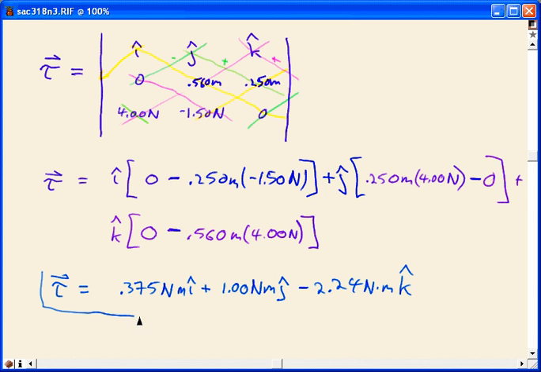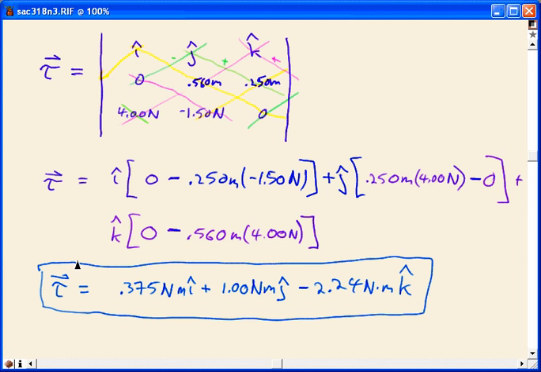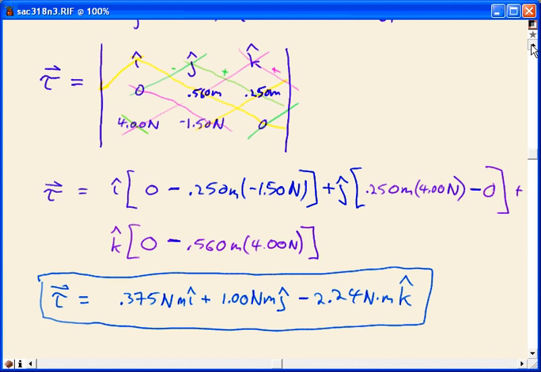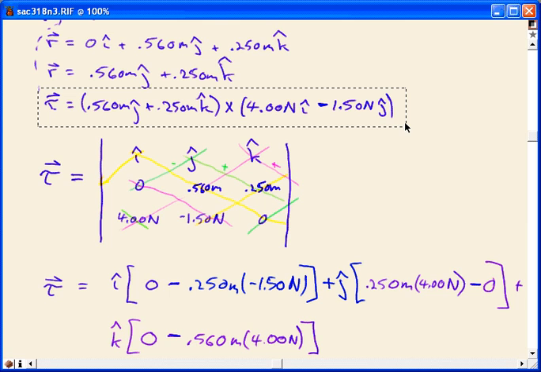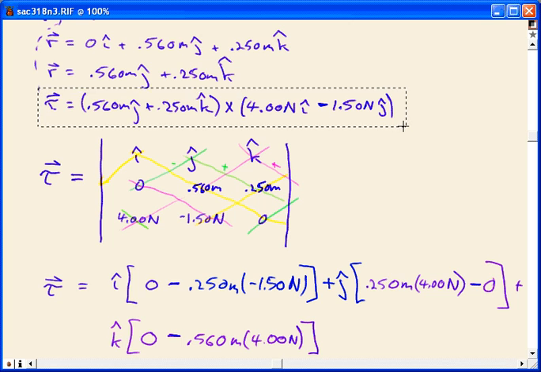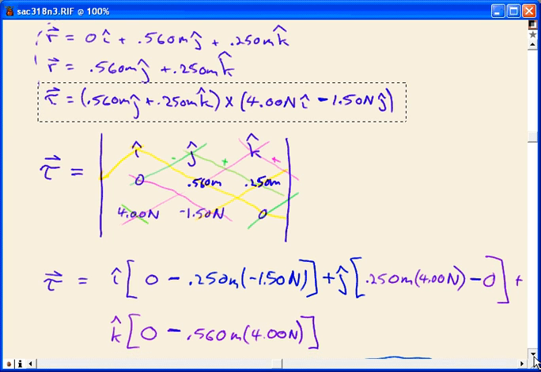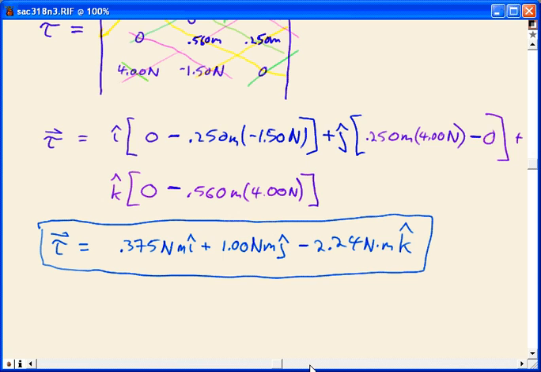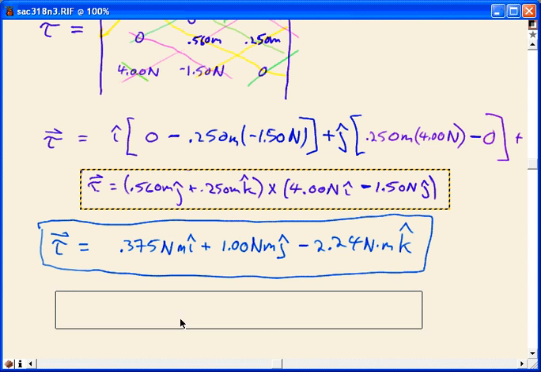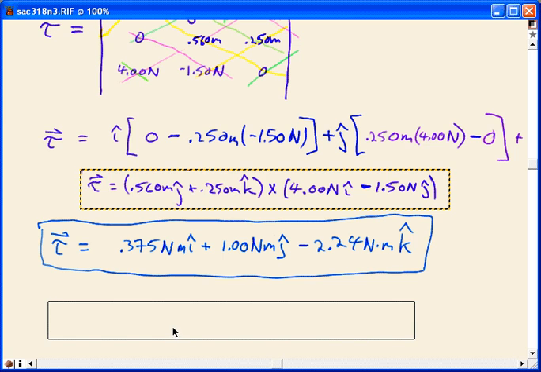I do need it to be a vector on the left, obtained using the determinant method. And the other way to evaluate this expression, which I'll just copy down, right here.